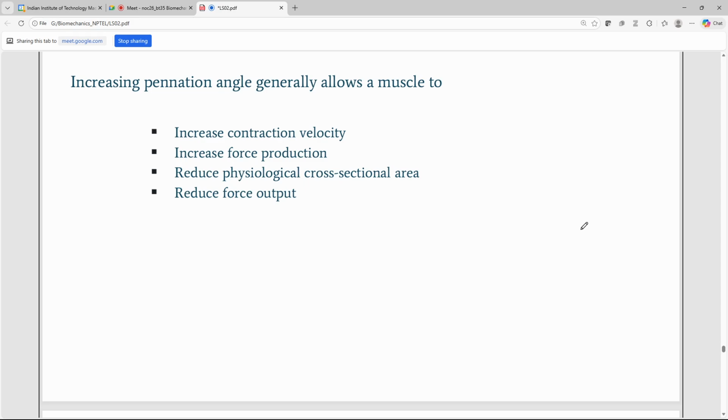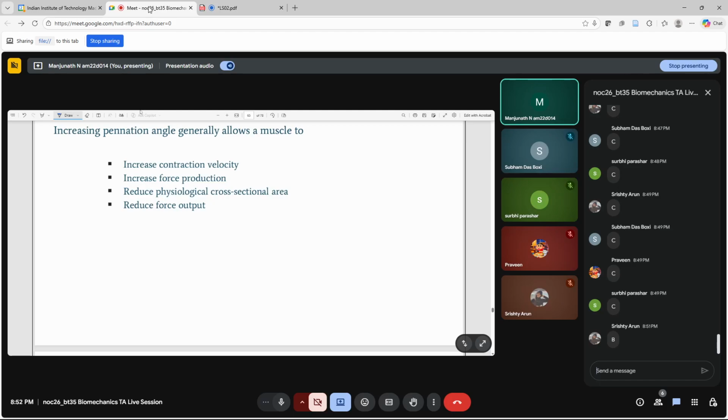Pennation angle is the angle between muscle and tendon, also the direction of force. So here you can eliminate two options. You can only think of the ones with force: increase in force production and reduce force output. So how does an increase in pennation angle affect force production? Whether it will reduce or increase?